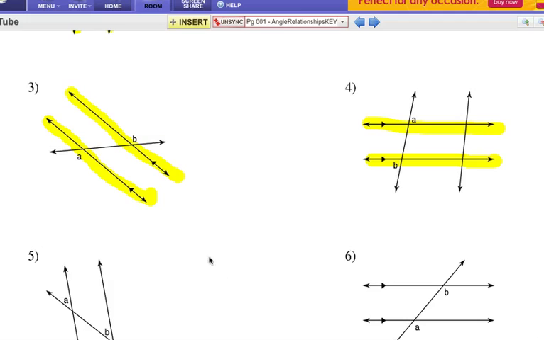In these two examples, again notice the symbols show these parallel lines, and angles A and B are outside of the parallel lines and on opposite sides of the transversal. Same with number 4 here: A is above that line, B is below that line, and they are on different sides of the transversal. Those are called alternate exterior angle pairs.